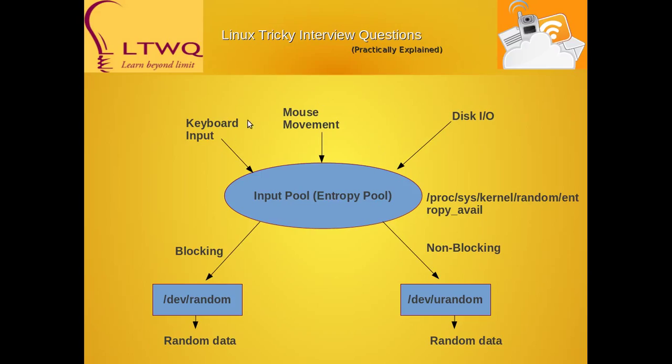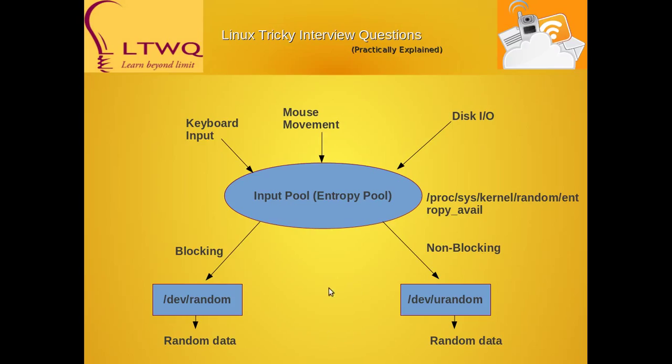From these sources, the device will calculate the randomness, and this randomness will be stored in the input pool or entropy pool, whose path is /proc/sys/kernel/random/entropy_avail. According to the value inside the input pool, /dev/random or /dev/urandom will generate the random data.